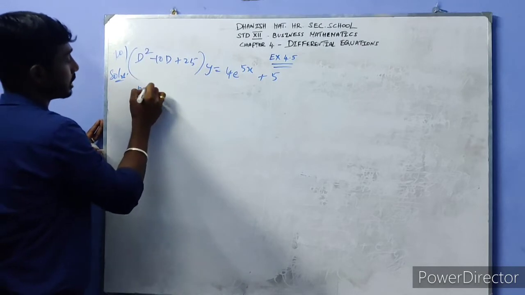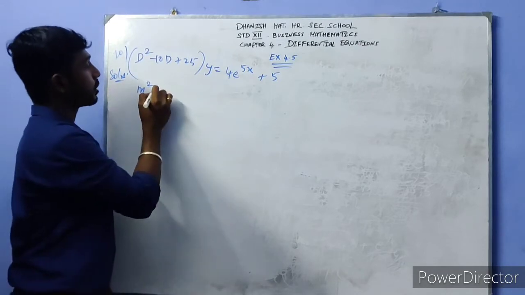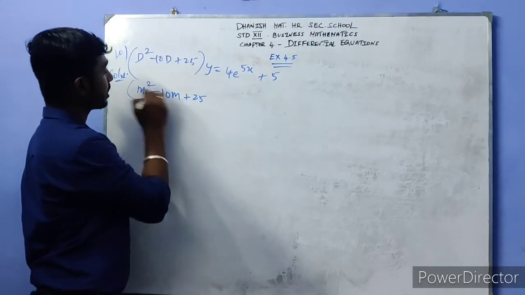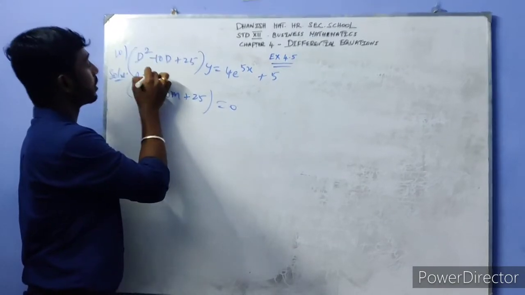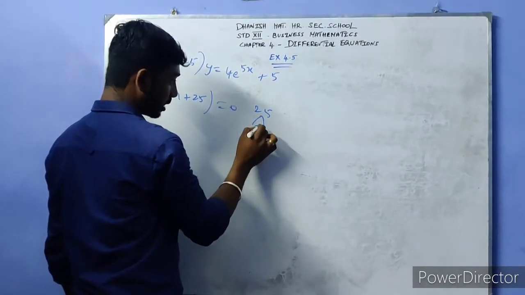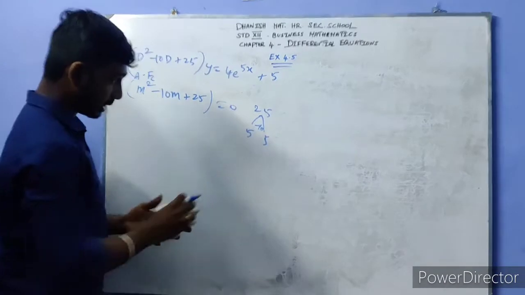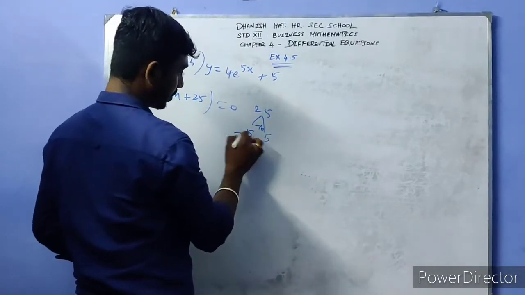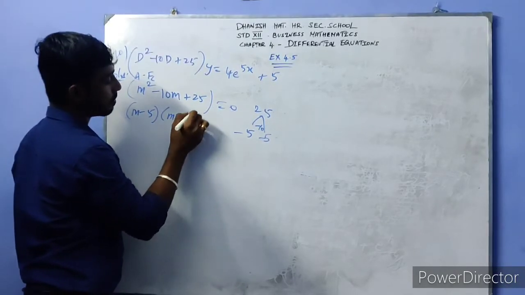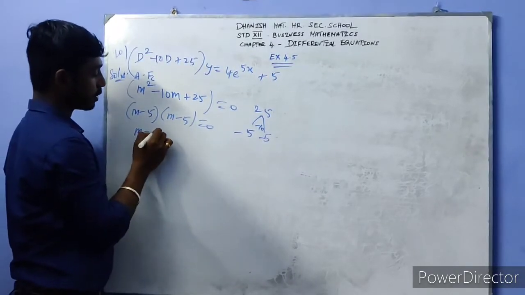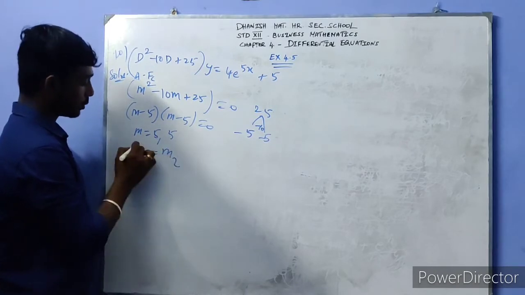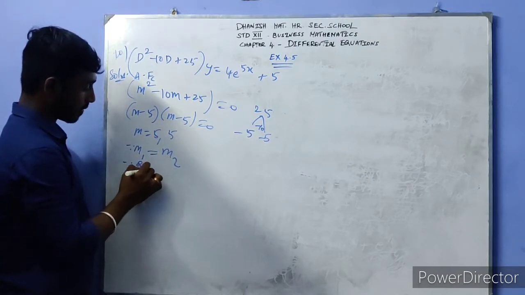Now change into the auxiliary form: m square minus 10m plus 25 equal to 0. 5 fives are 25, and minus 10, so it will be m minus 5 equal to 0. So m is equal to 5 and 5, m1 and m2, which are real and equal.